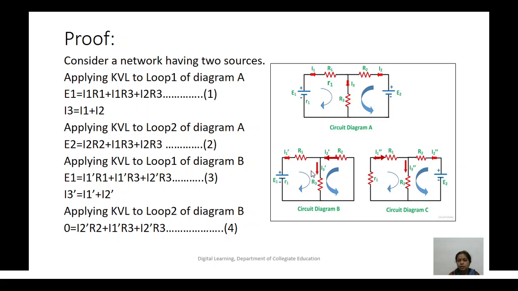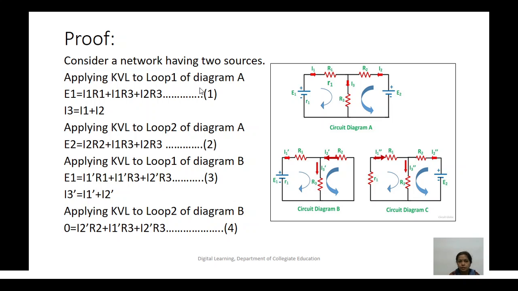The net current is calculated by taking the algebraic sum of the currents through different branches: I1 dash plus I1 double dash, I2 dash plus I2 double dash, I3 dash plus I3 double dash. So the algebraic sum of the currents of the two circuits will give the current when both the sources are present. That is what the theorem says.